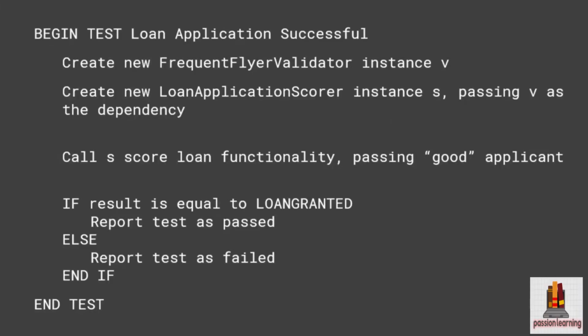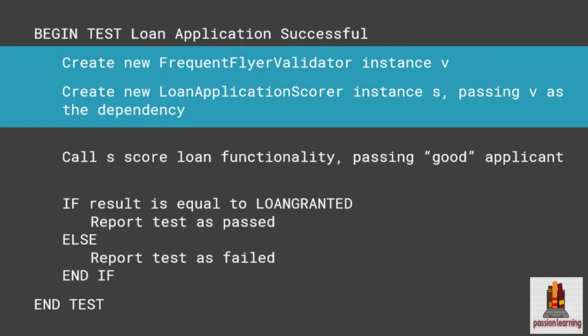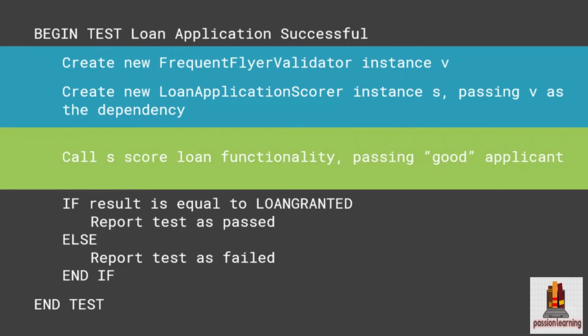If we take a look at this code from earlier, our loan application successful code, we can generalize this into these three phases. In the first phase here, the arrange phase, we're getting things ready to test. So we're creating the instance of our FrequentFlyerValidator and the instance of our loan application scorer. In the act phase here, we're executing the functionality of the loan application scorer.